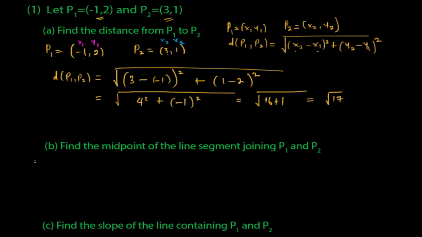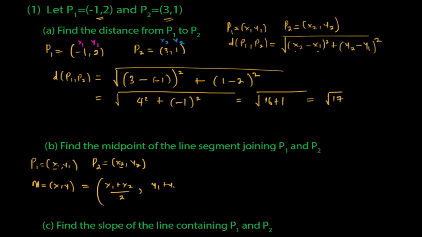Also, you would recall, I'm going to write it again, that if you're given P1 to be x1, y1, and a point P2 with the coordinates x2, y2, the midpoint, which has the coordinates x, y, is given by the average of the x coordinates, which is x1 plus x2 divided by 2, and then the average of the y coordinates, which is y1 plus y2 divided by 2. So let's use that here.